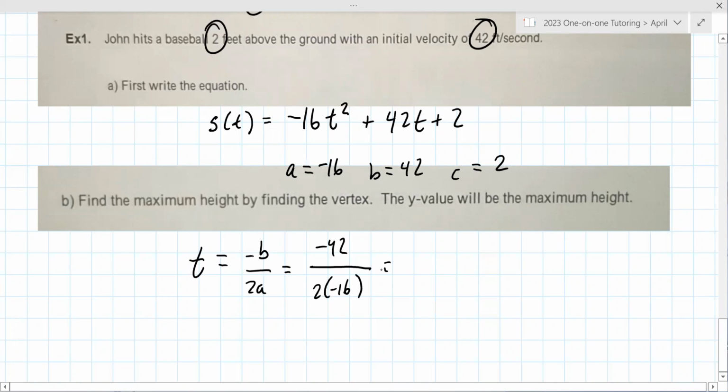Go ahead and calculate that for us, please. Sure. Negative 42 over negative 32.